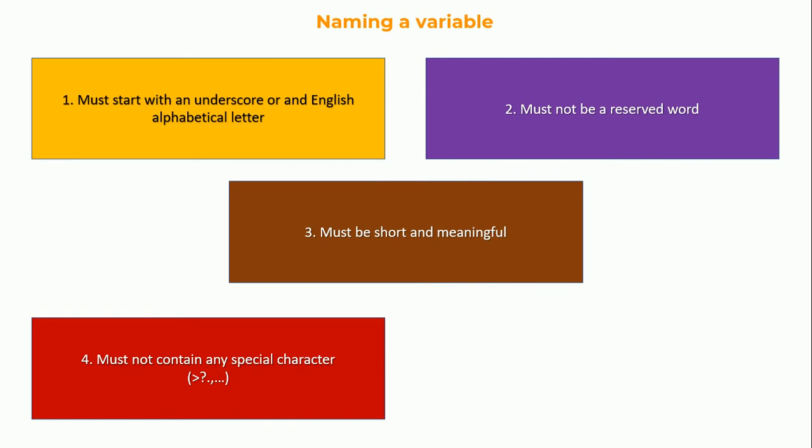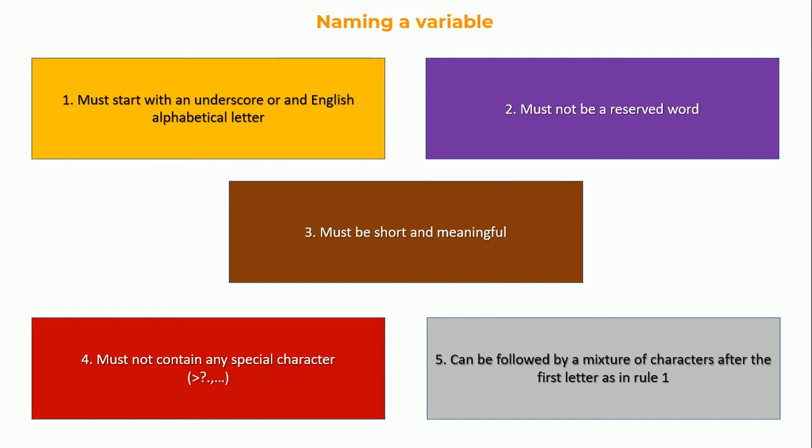So the full stop, the less than, the question mark, the space, all of those are special characters because they are not part of the underscore and the English alphabetical letters. They are not valid for naming a variable. After starting with an underscore or an English letter, you can bring in a mixture of numbers, but a number can never start a variable name.